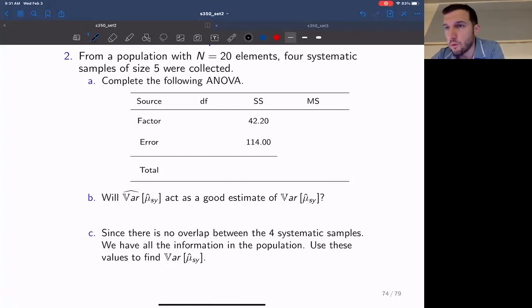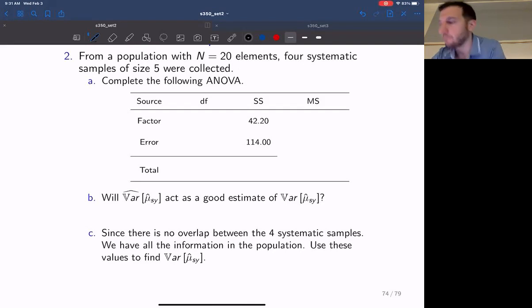Let's say we have 20 observations in the population. We have 4 systematic samples, and each systematic sample has 5 observations. First off, let's complete the ANOVA table.